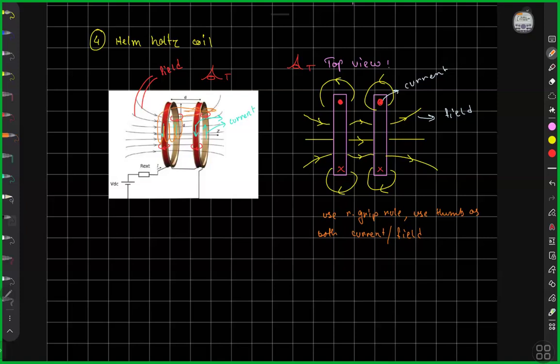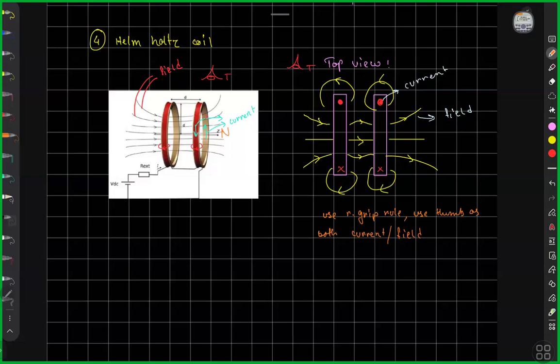So this direction points to the North Pole, and rightfully so, because field lines over here are going out of the north and into the south. This is south. So your thumb points towards the north direction. So in this setup, you get the North Pole and the South Pole over here. You got it? All good?